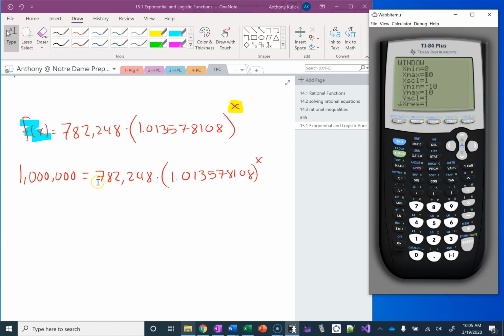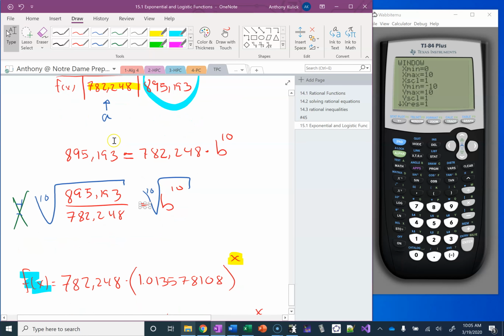As far as the x max goes, I know in 2000 the population is almost 900,000, so it's got to be a number bigger than 10. I don't know how much bigger than 10. I'm going to guess and just pick 30 years. I figure after 10 years we gained about another 100,000. Another 10 years we'll probably gain another 100,000. That's not quite there, so I'll pick 10 more and that ought to do it.